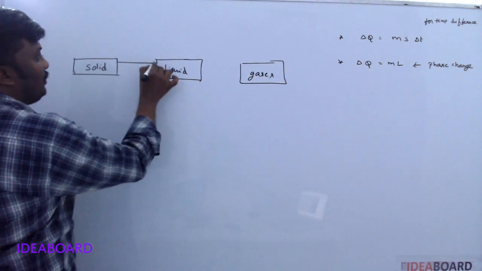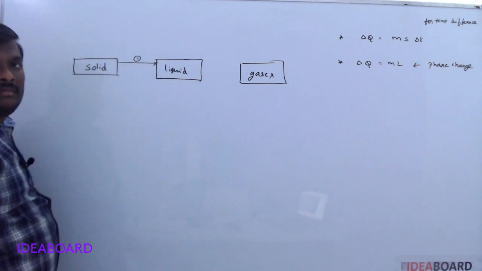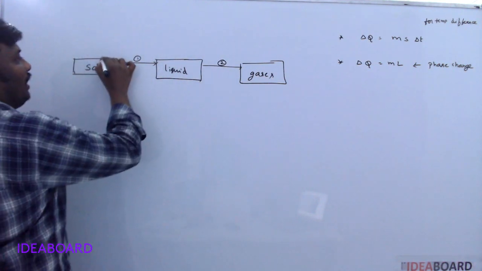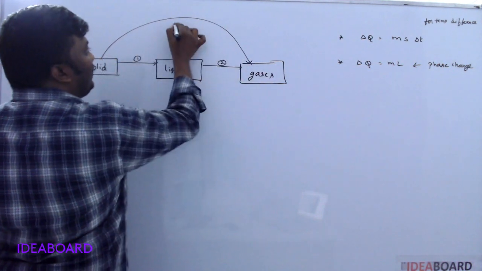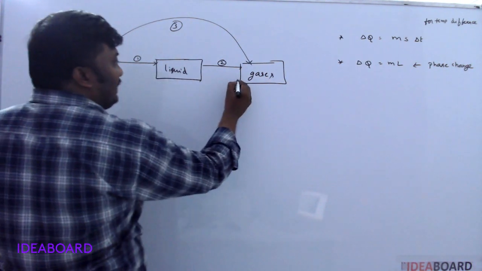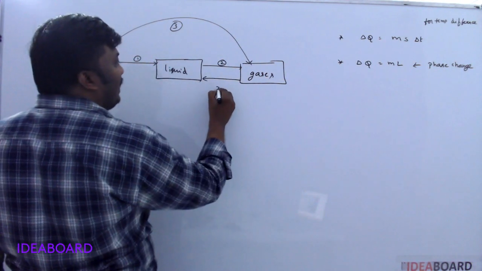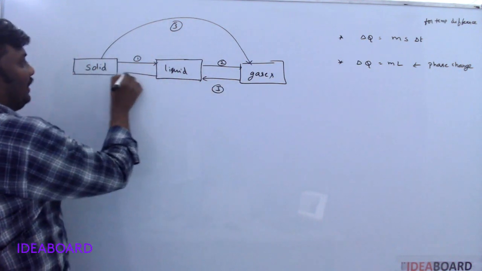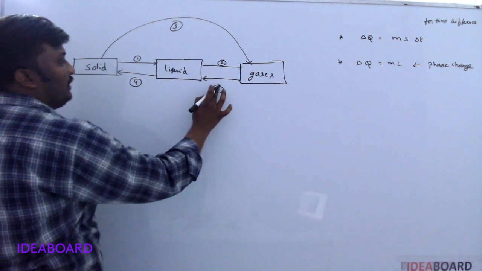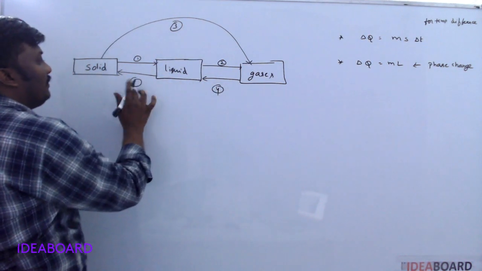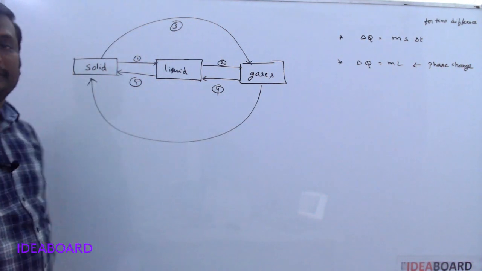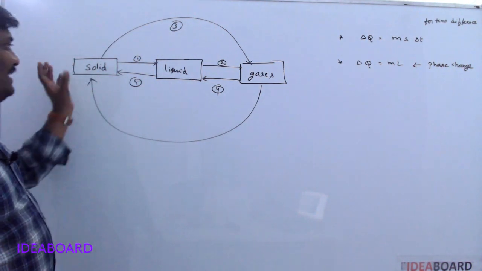Solid may convert into liquid, or liquid may convert into gas, or solid may convert directly into gas without passing through the liquid state. Similarly, gas is converted into liquid, and liquid may convert into solid. And gas may directly convert into solid. We are learning about all these concepts.